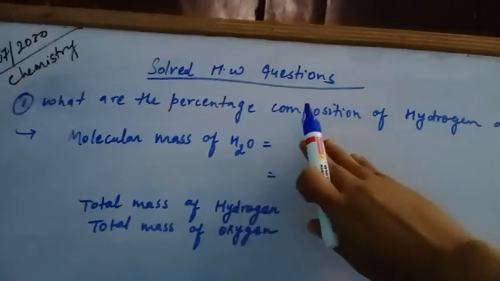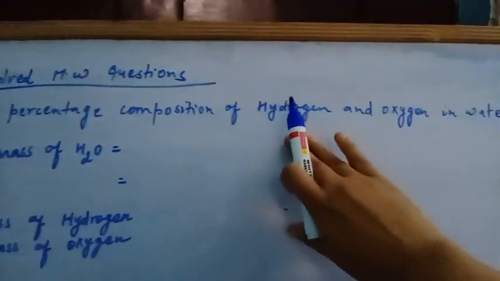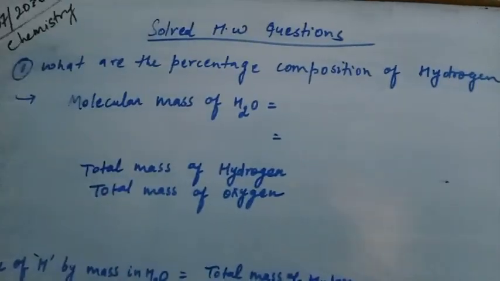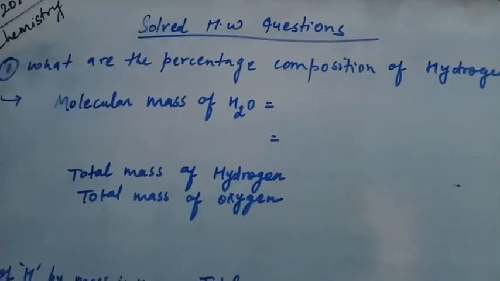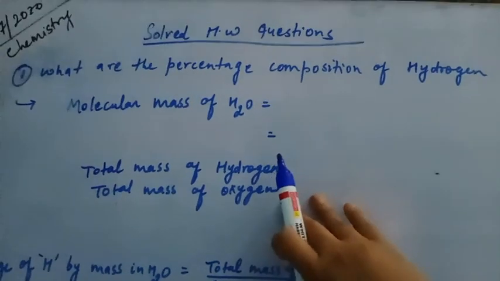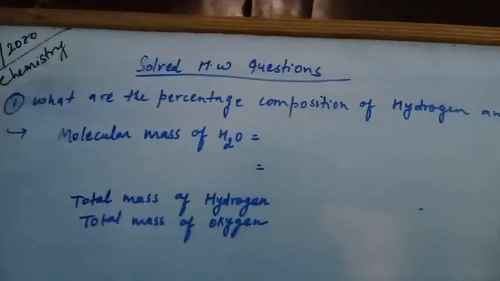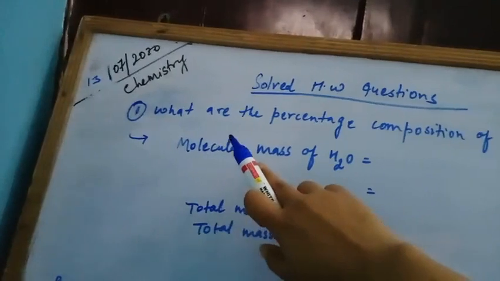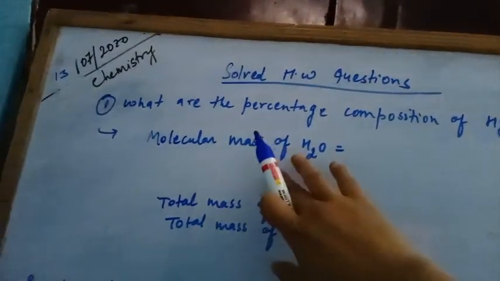To calculate the percentage composition of hydrogen and oxygen in water, you have to first calculate the total mass of hydrogen and the total mass of oxygen. So first you should write the molecular mass of water.